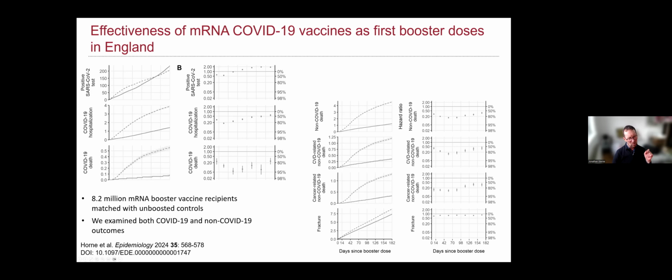On the other hand, we also analysed fracture as a negative control outcome. And although the incidence of fracture is somewhat lower in boosted than non-boosted people, all of these people, by the way, had been first vaccinated. The hazard ratios were much closer to 1.